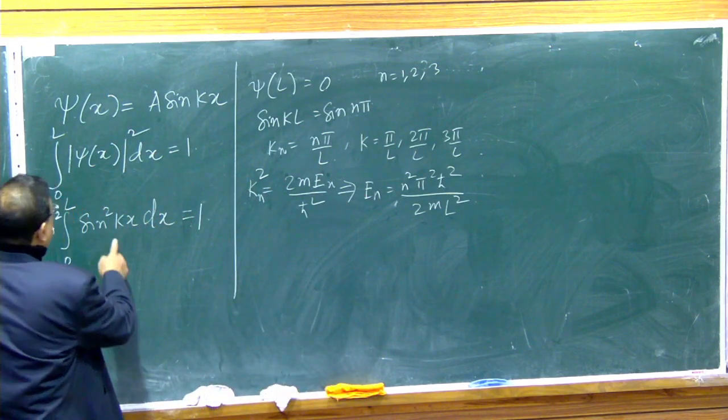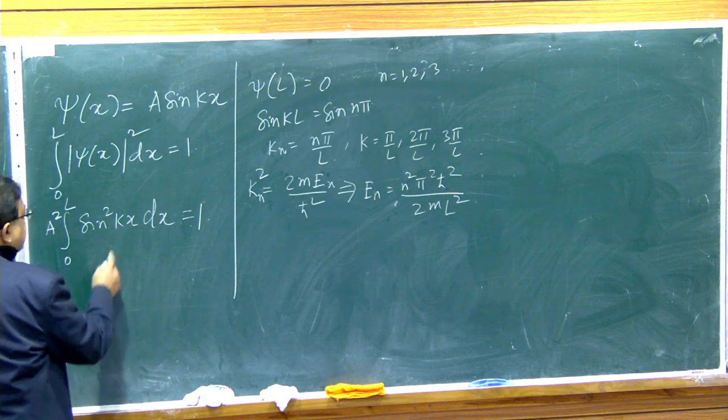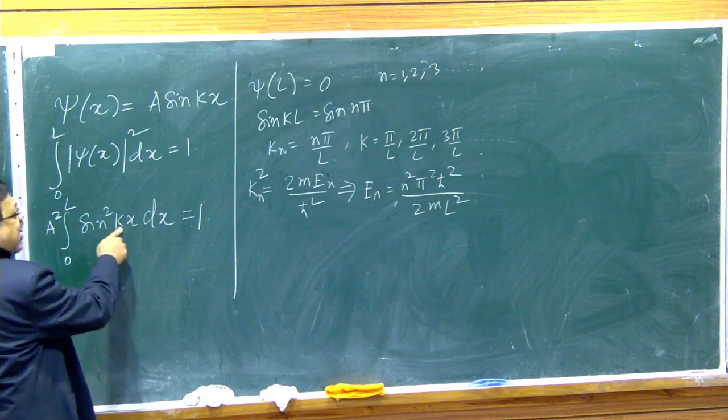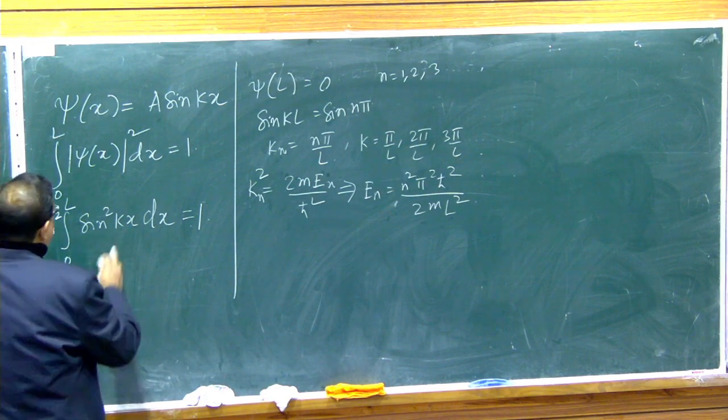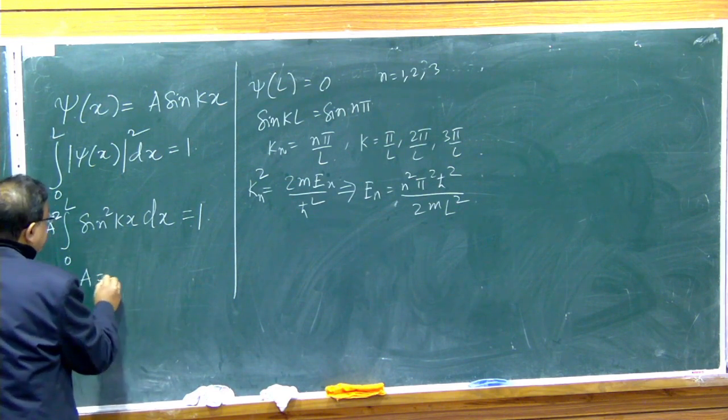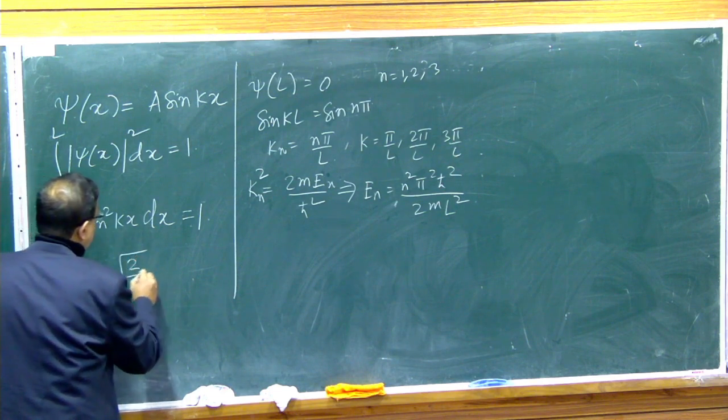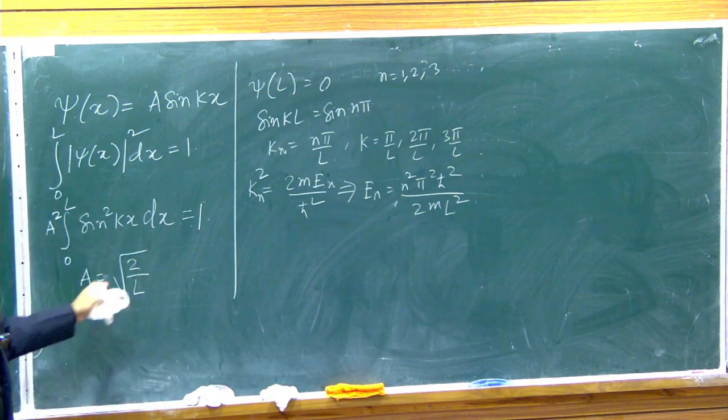While doing this calculation, we can put K equal to n pi over L, and we get A as root over 2 by L. I leave that simple integration for you to do.